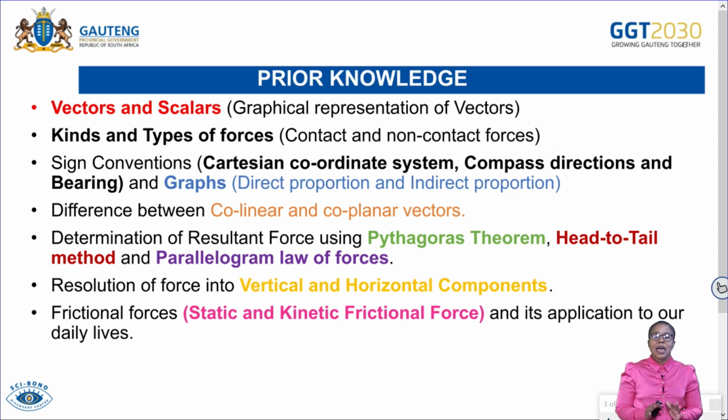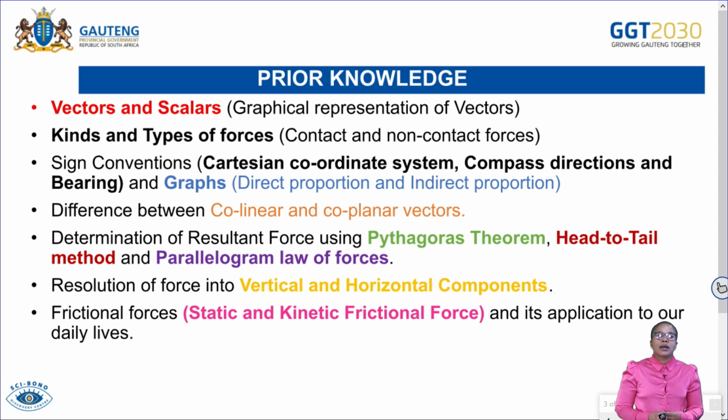Remember, your vectors have to have magnitude and have to have direction. Okay, so 2, we have to know by now the kinds as well as the types of forces, your contact forces as well as your non-contact forces.